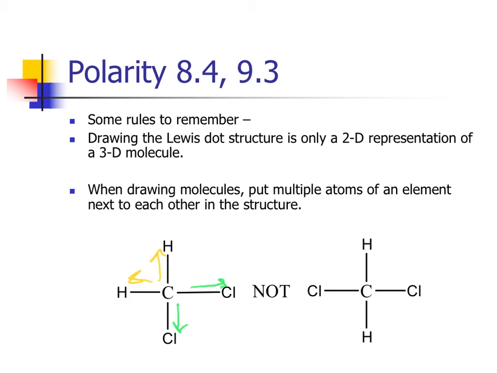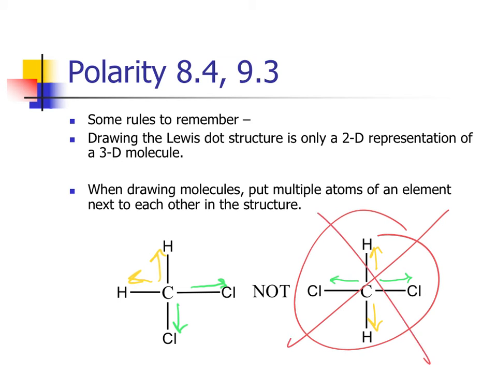In the one on the right, it looks as if these chlorine would cancel each other out, and that the hydrogen would cancel themselves out. But this does not have symmetry. Because it does not have symmetry, it doesn't allow us to look at the model.